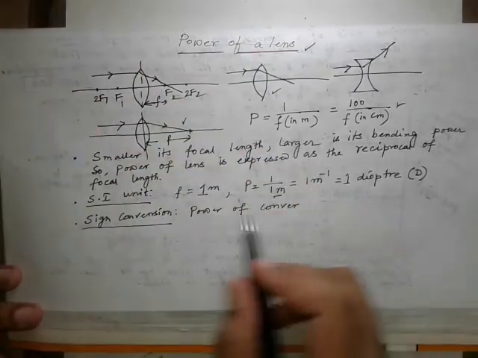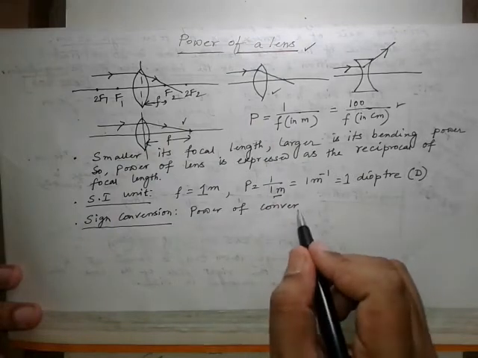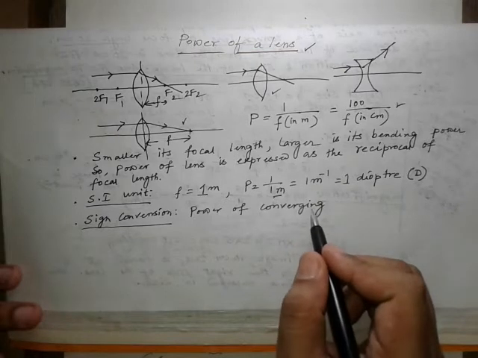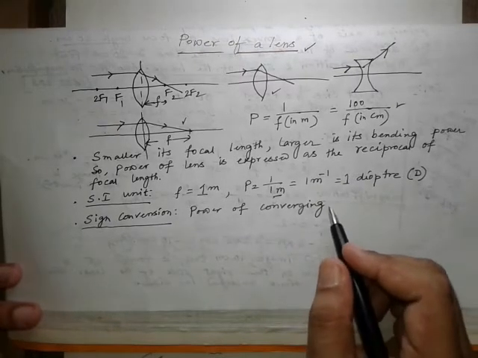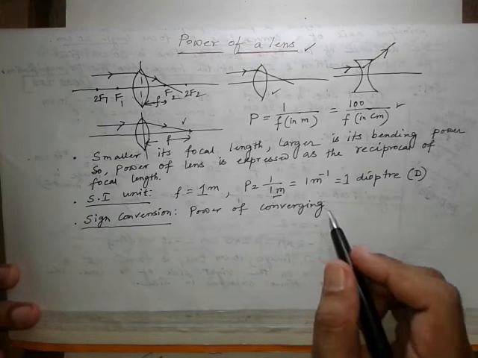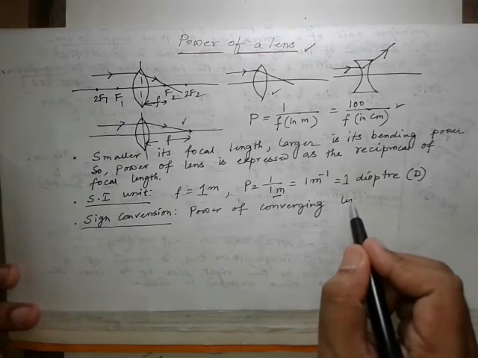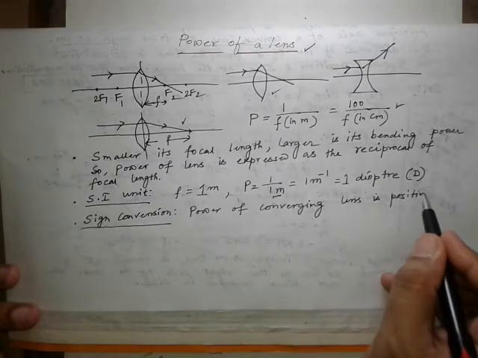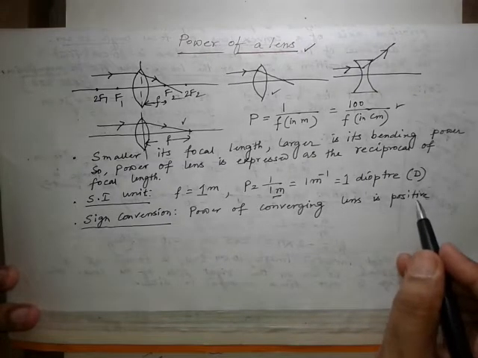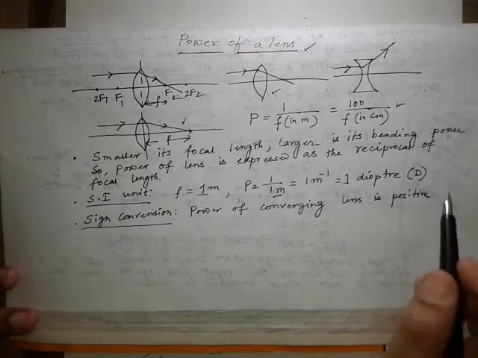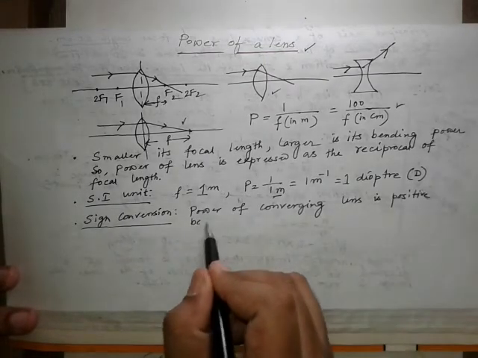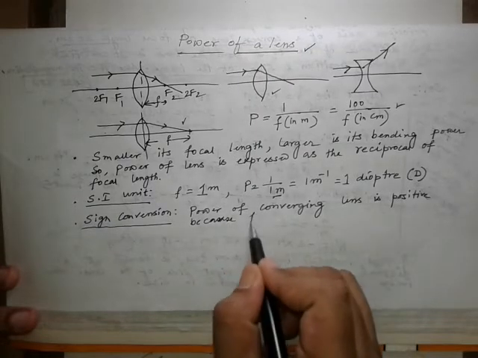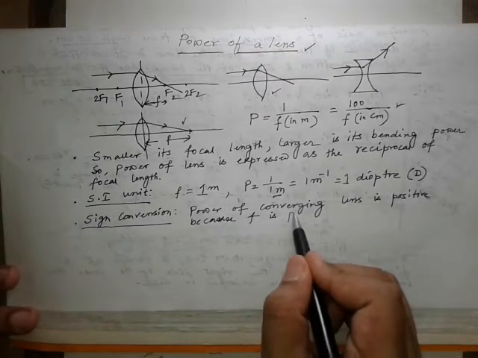Means convex lens. Power of a converging lens is positive, because F is positive.